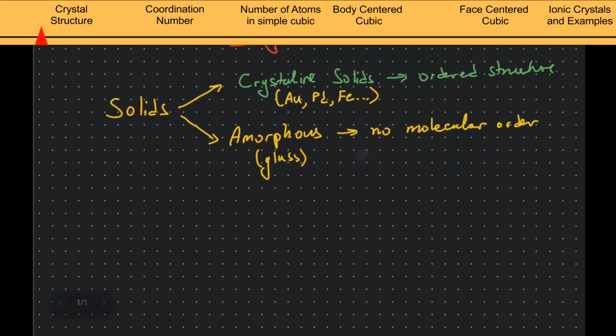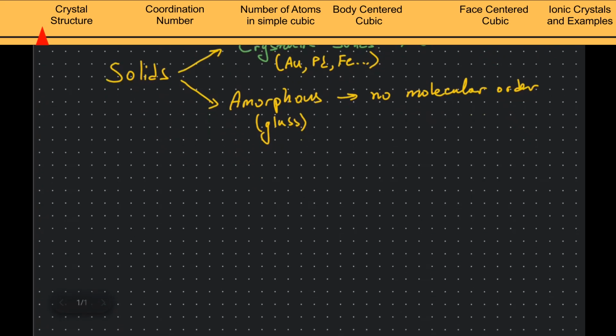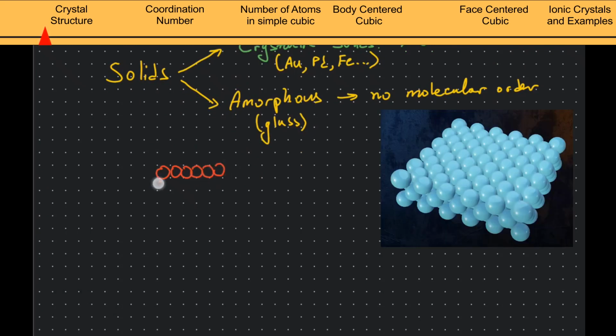In crystalline solids, we have many ordered atoms, like on a layer. So this is the top view. We are looking from the top, and if we look from the side, again we see something like this for this kind of structure.